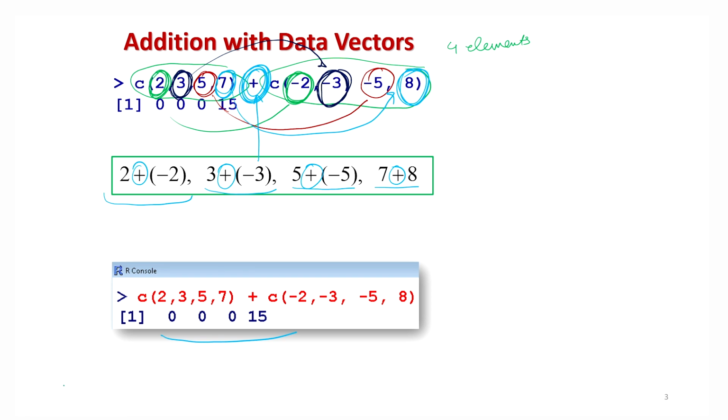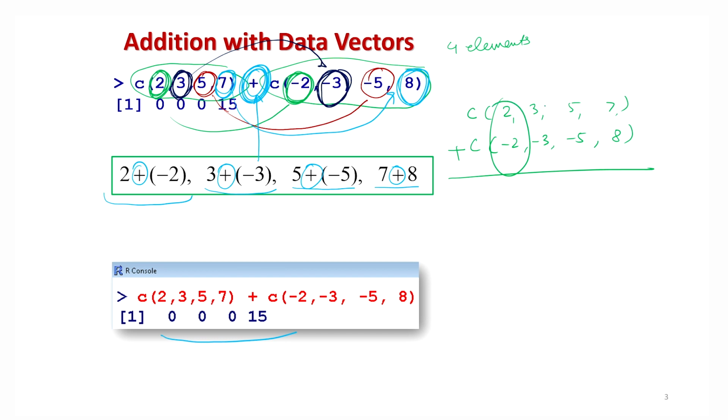It is not difficult to understand. A quick revision: c(2, 3, 5, 7), and if I write another data vector, minus 2, minus 3, minus 5 and 8, we add them here.